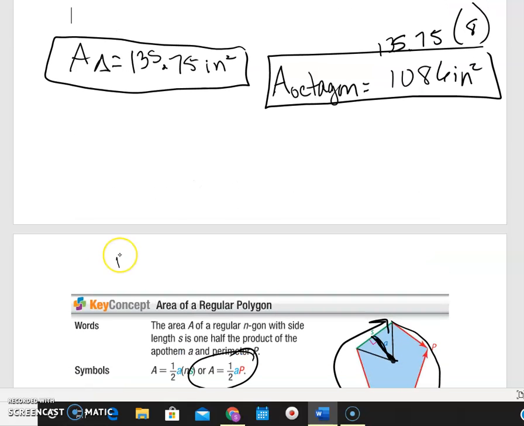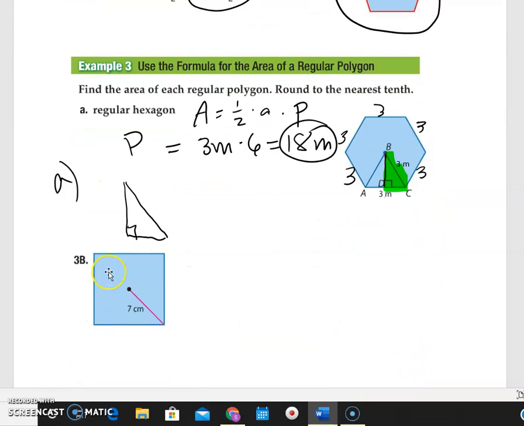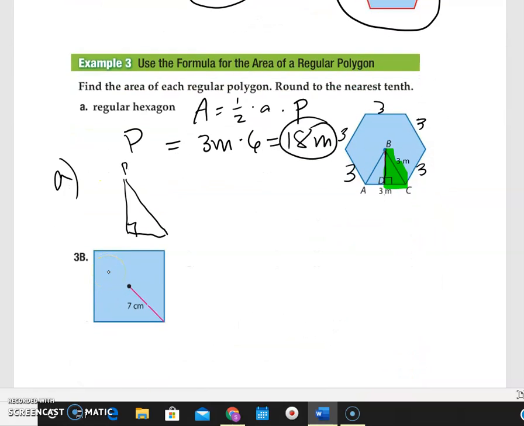I see that this is B, and then I have C and then D right here. So BC is 3 meters, and DC is half of AC, so that's 1.5. I'm going to do a little Pythagorean theorem here to find BD, which is my apothem.